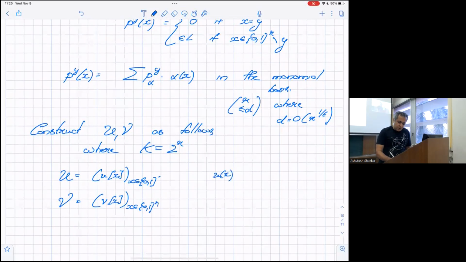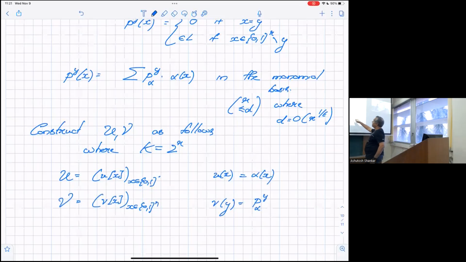U of x is just going to be defined to be alpha of x. V of y is going to be Py alpha. That exactly tells you that when these are the same vector, when I choose the same vector, the dot product is 0. When they are different vectors, it falls in a small set here. That's exactly what matching vectors were meant to do. And that's the matching vector construction.